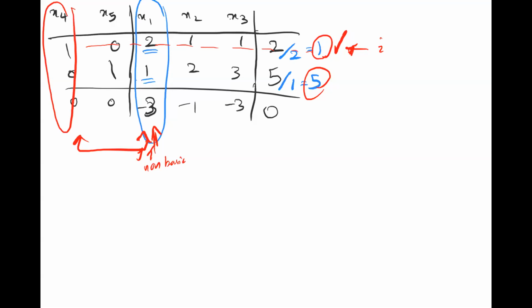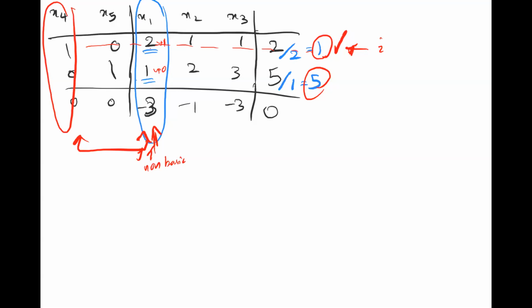What does that mean? So 2 should be 1 and 1 should be 0. So in order to do that, we are going to do some linear combination of rows and columns. So if you want to do that, then first we have to divide this by 2.